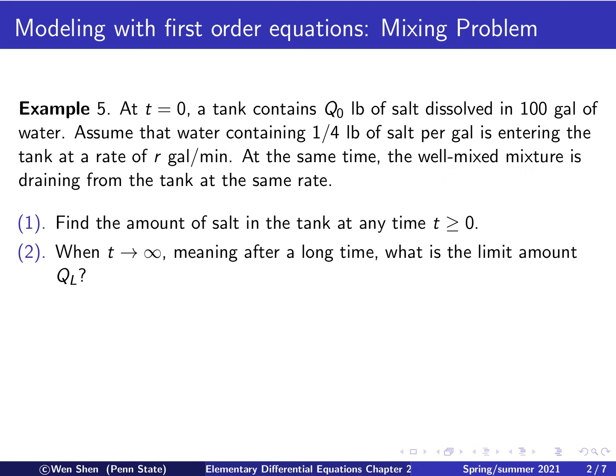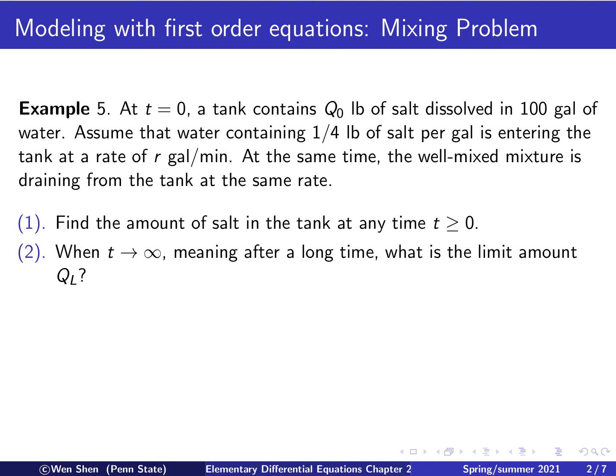So all these have meanings, okay? The mixture is being drained from the tank at the same rate, r gallon per minute. So since the inflow rate is the same as the outflow rate, the volume in the tank will remain constant in time.